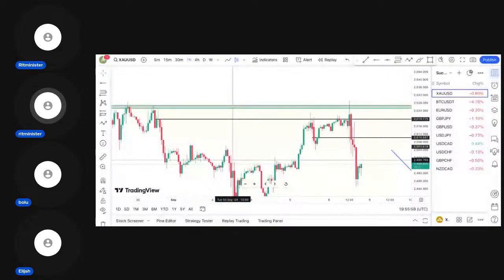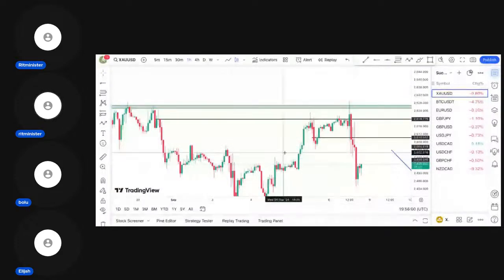Some people were asking me that they entered, but in the long run the trade removed them. I said that is not how you trade gold. If gold wants to retrace, what it will do is go to the nearest zone, unless it doesn't want to retrace at all.